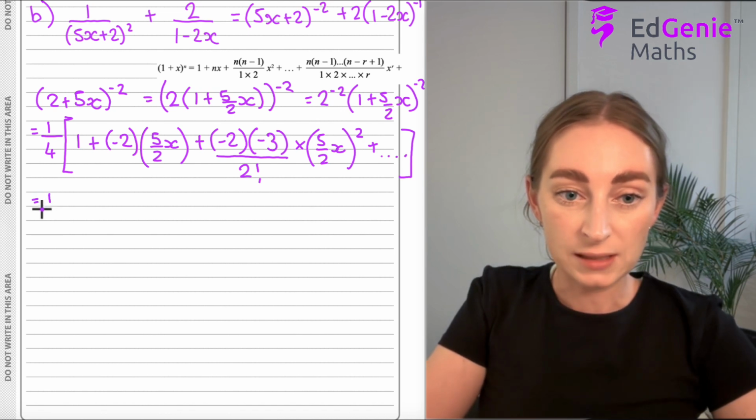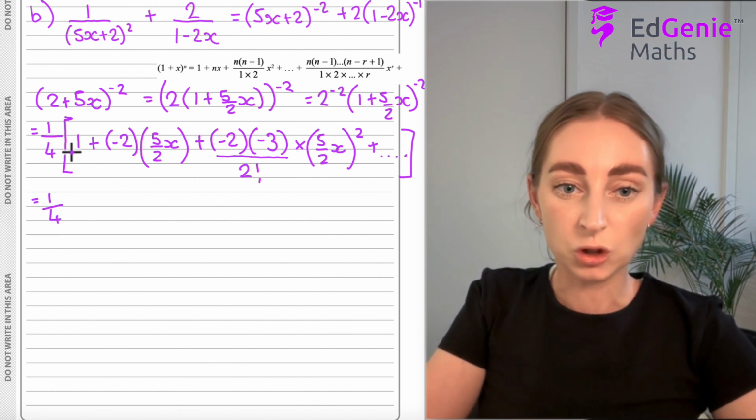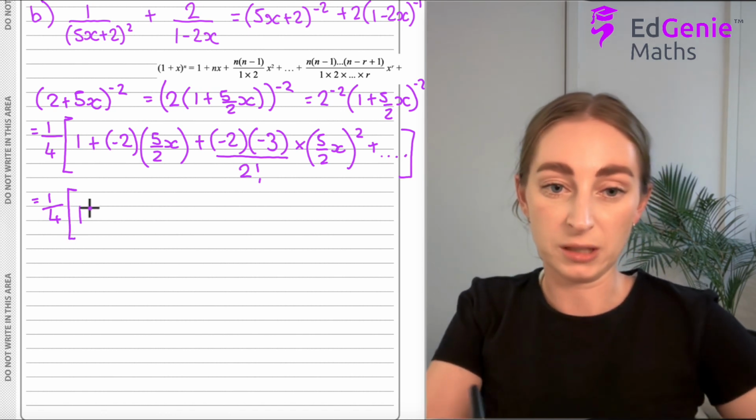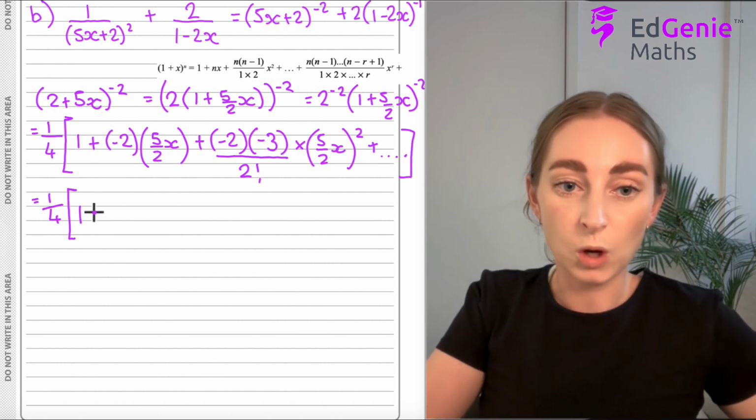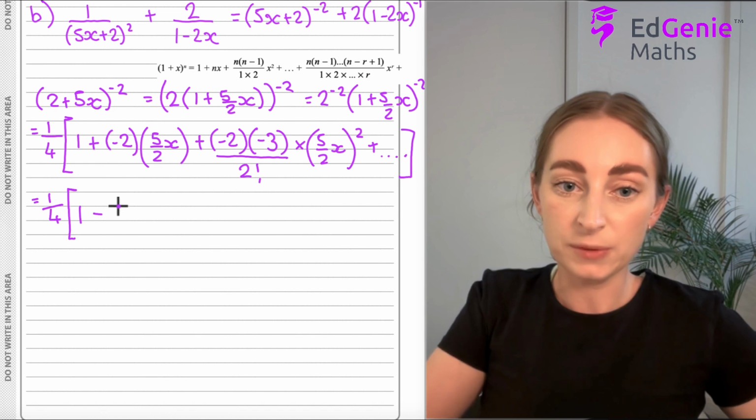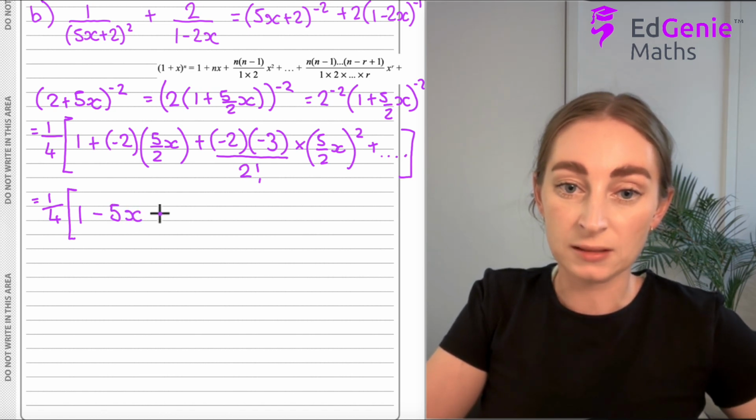But we do need to simplify this. Some people will try and multiply out the 1/4 straight away. I really recommend you don't do that. There's too much going on and you're going to make a mistake. Right, 1, easy. Here we're going to have -2 times 5/2. That's just going to be -5 times the x.